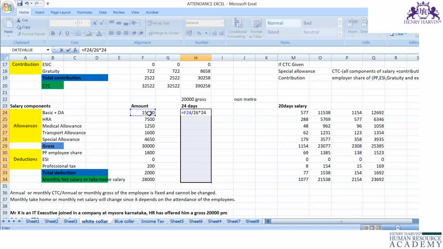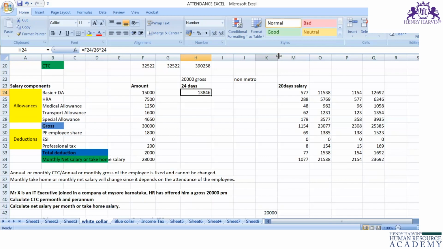Because if you divide the basic plus DA by 26, you get one day's basic plus DA, and into 24 means 24 working days. So this is the amount, 13,846.